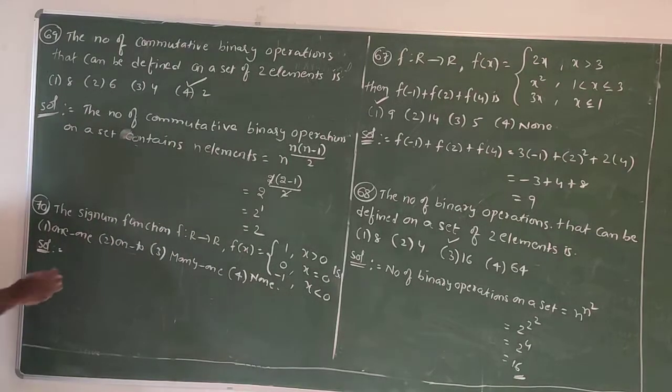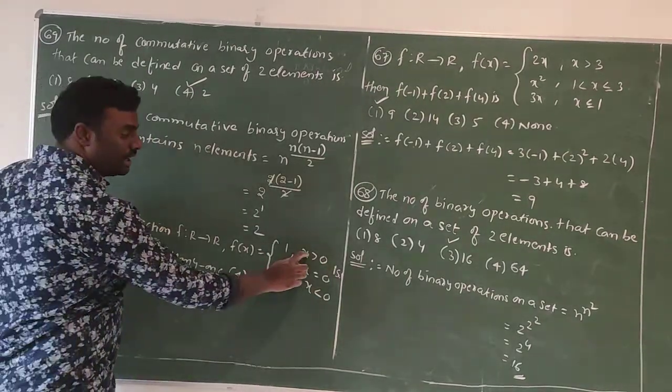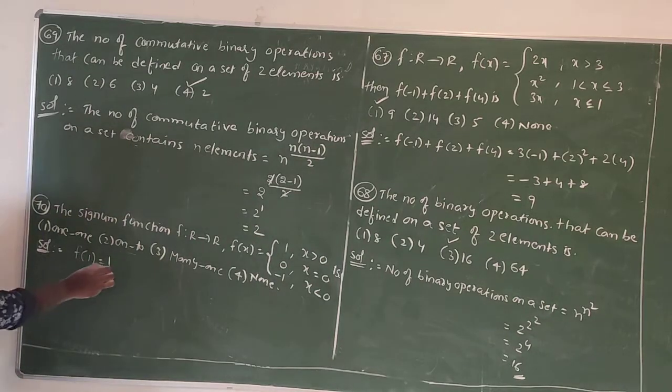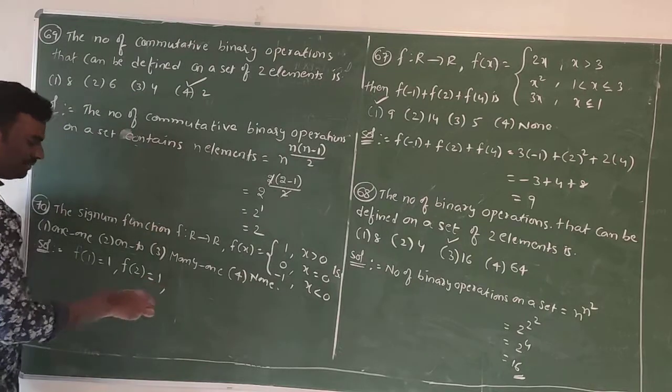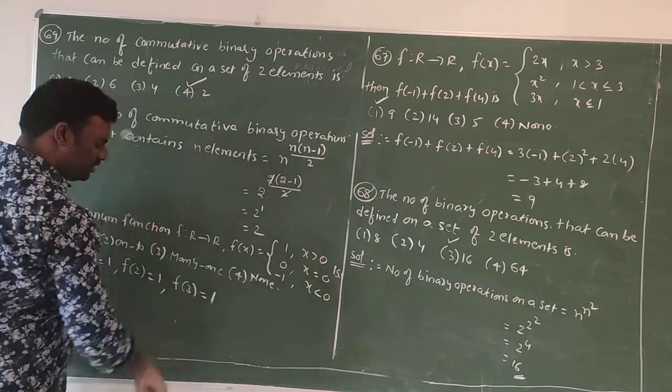First I am finding f of 1. 1 satisfies the first condition because 1 is greater than 0. If x greater than 0, the value is 1. Next I am taking 2. 2 is also greater than 0, again 1. I am taking 3. 3 is also greater than 0, 1.